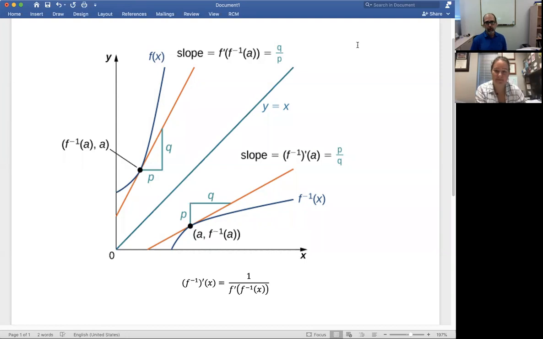So this picture, which comes from your text, is a really good way of seeing how inverse functions and their derivatives relate. If you remember, let's say this blue line here is my original function f of x. So if we want to draw the inverse function, how would we know how to draw that?